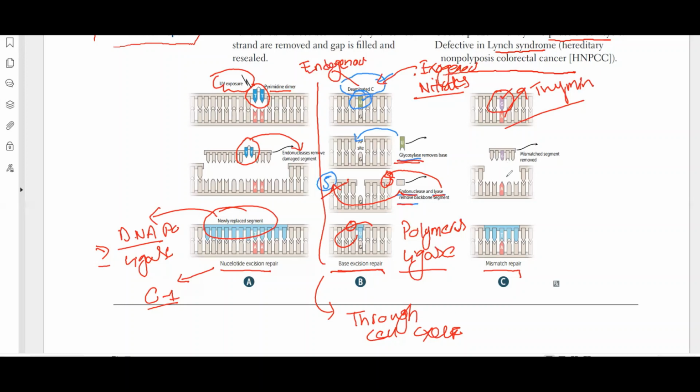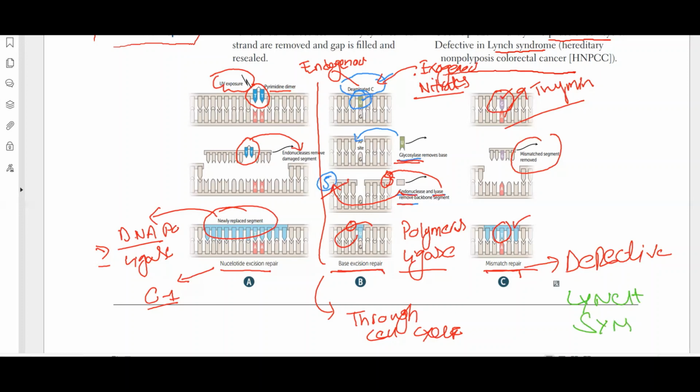So this mismatched segment is removed and the new segment is added. Normal thymine is added. If this mismatch repair is defective, it will lead to Lynch syndrome.